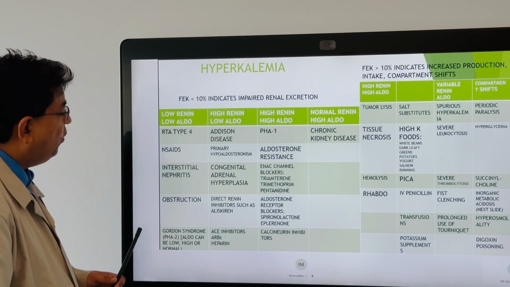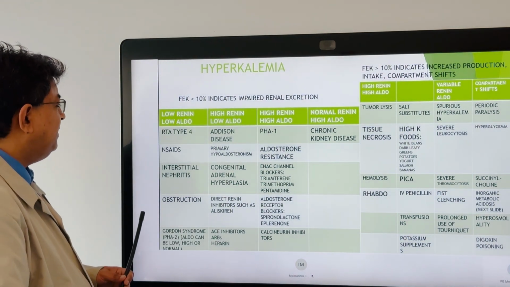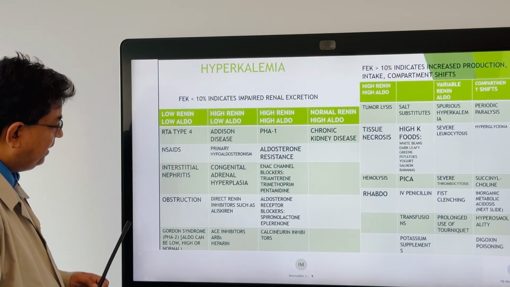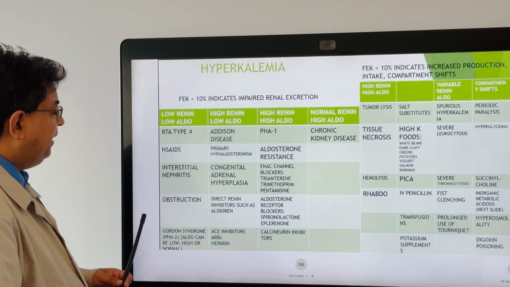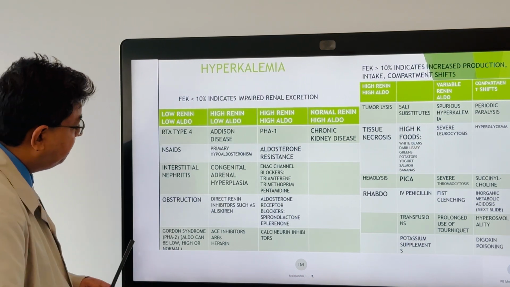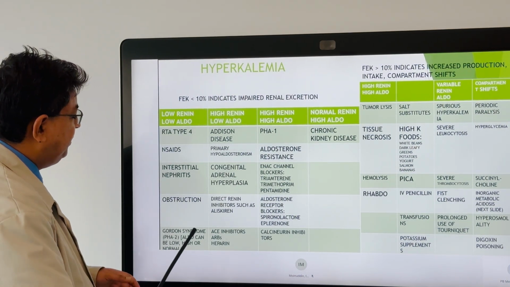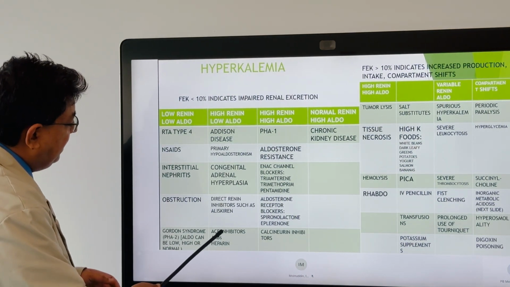A high renin, low aldo scenario would be consistent with Addison's disease, primary hypoaldosteronism, congenital adrenal hyperplasia, direct renin inhibitors such as aliskiren, and medications such as ACE inhibitors, ARBs, and heparin.